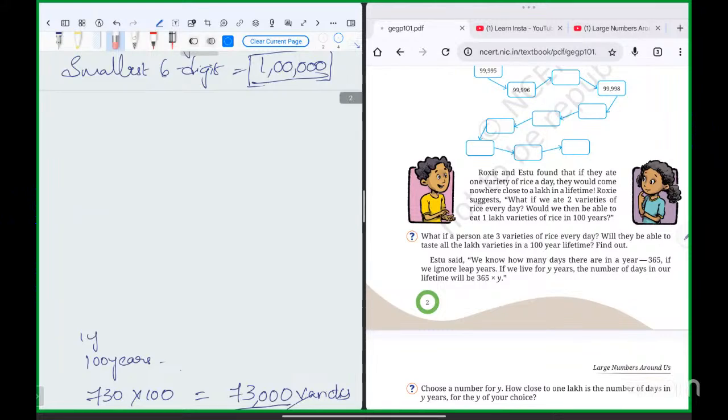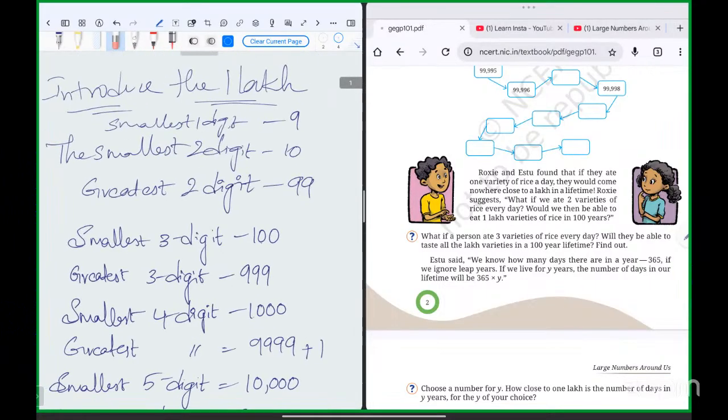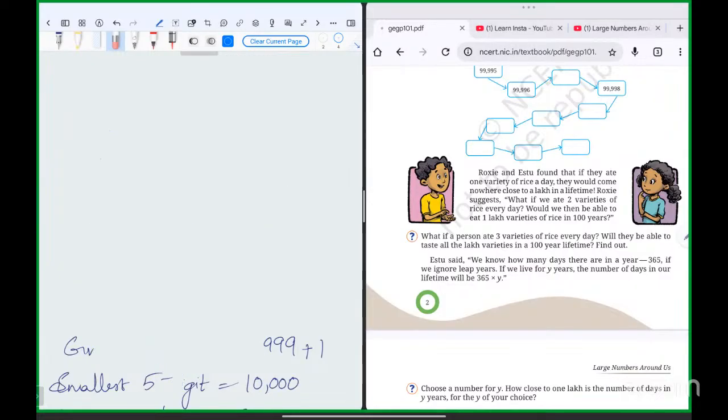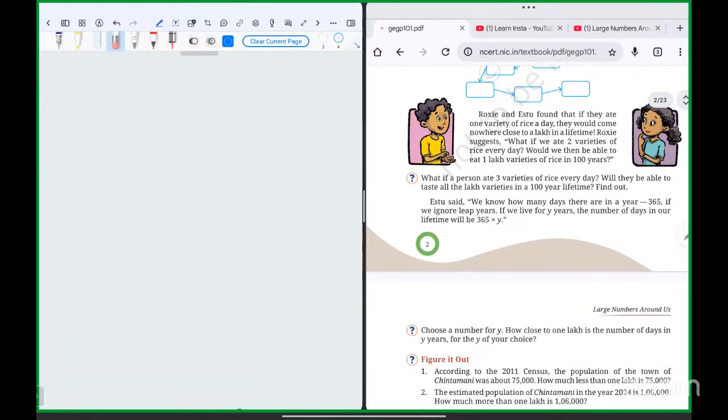So let us solve the next question too, which is given below it. The next question is, what if a person ate three varieties of rice per day? This time it will be three.